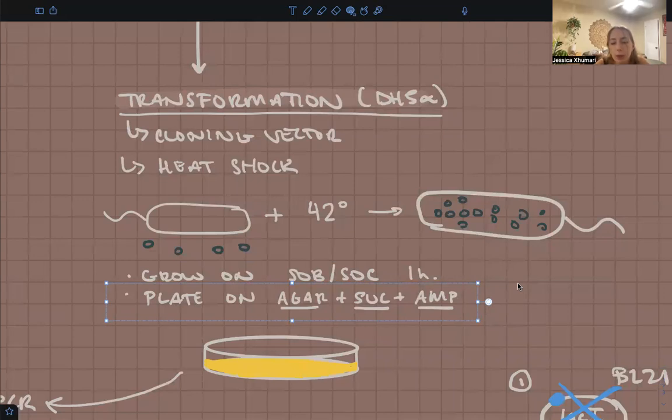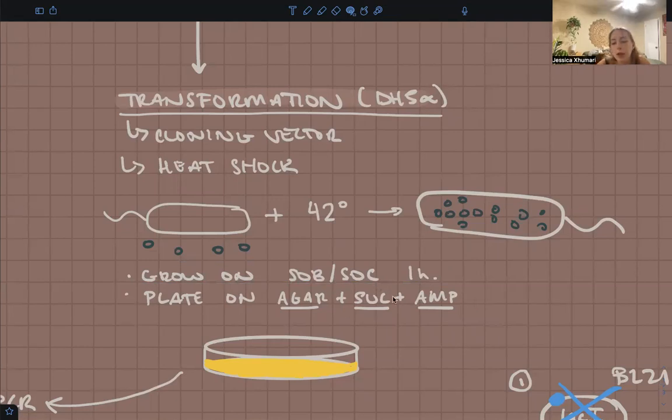So if we plated them on sucrose and ampicillin, theoretically, sucrose should only kill the organisms that still contain the SACB gene, right? But actually, if you plate them initially, before incubating them for an hour in super optimal broth, they're going to die because of the ampicillin first, okay?